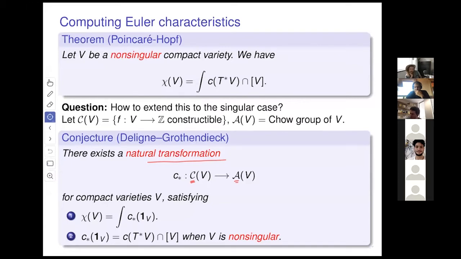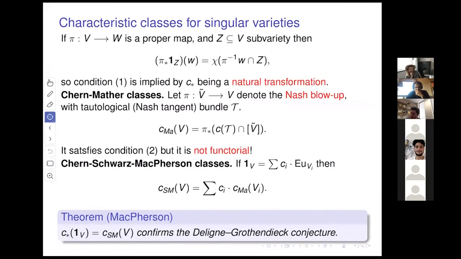Okay, and so part of the problem is you want to try to generalize this Chern class of the tangent bundle restricted to V. One possible generalization is called the Chern-Mather class. And the way you get that is you look at the Nash blowup for V. Maybe I'll just briefly remind you how that works.